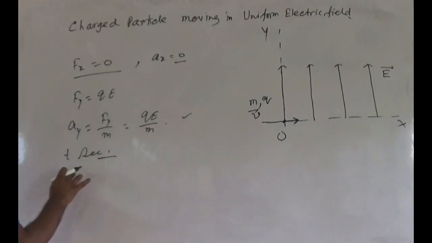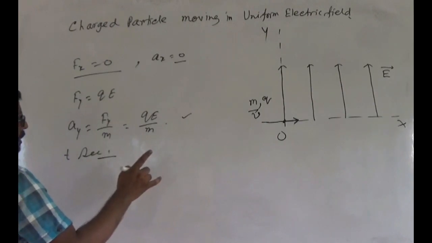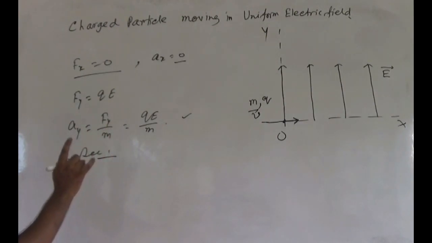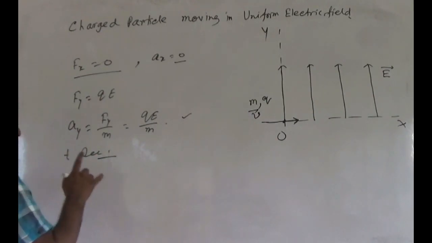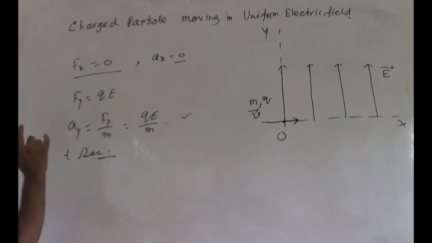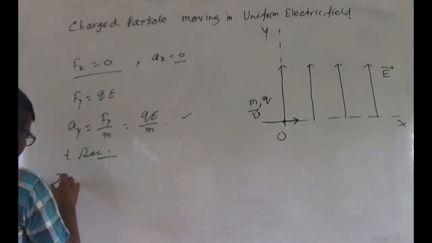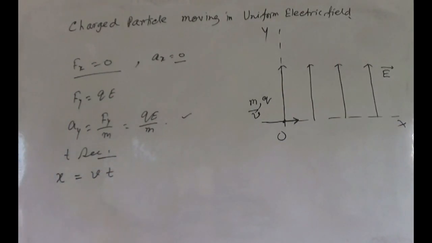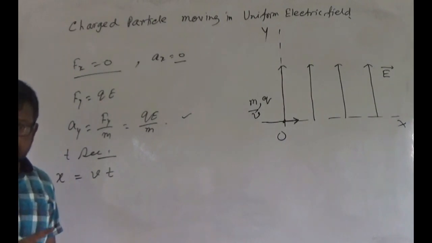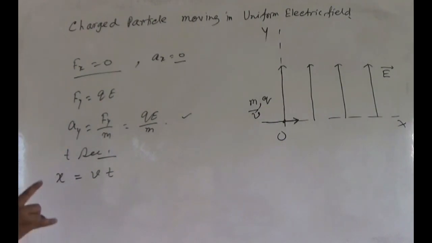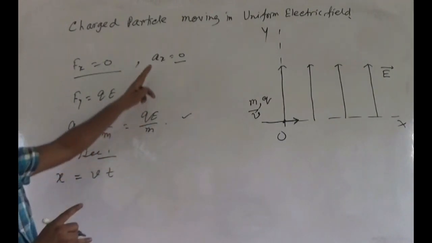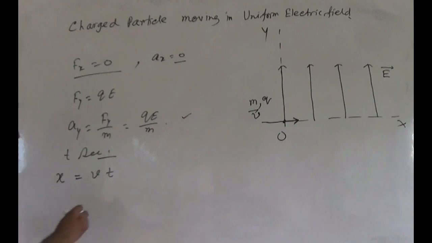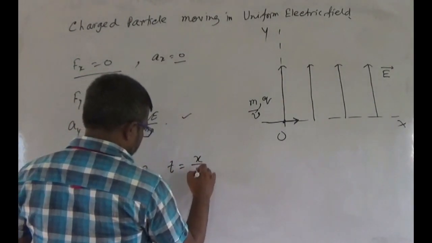Then in t seconds, the charged particle moves along the x direction as well as along the y direction, and the displacement along x direction is x equal to v into t, because v remains constant along the x direction as there is no force along x direction. So along x direction velocity will be uniform, that is there is no acceleration, so displacement is equal to velocity into time, or you can say t is equal to x by v.